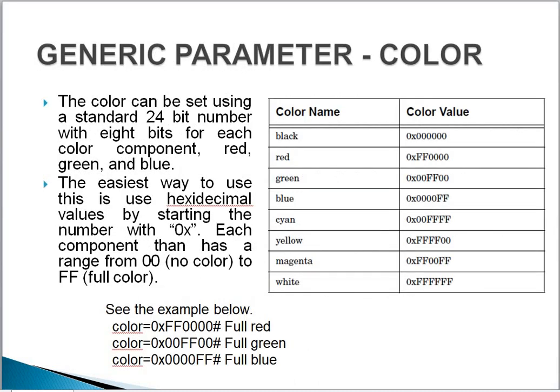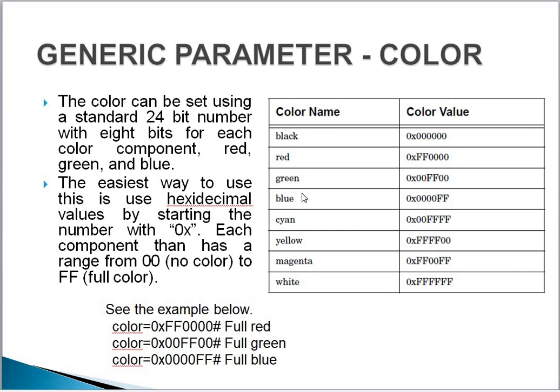Next, how to define the generic parameter in color format. The color can be set using a standard 24-bit number with 8 bits for each color component: red, green and blue. The easiest way is to use hexadecimal values by starting the number with 0x. Each component then has a range from 00 to FF. 00 means no color and FF means full color.